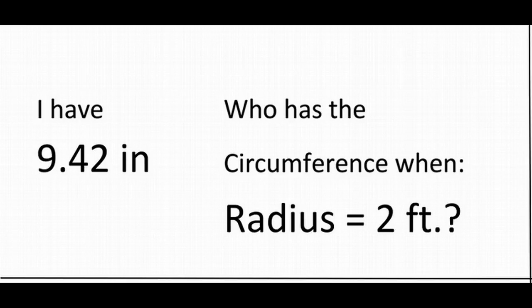The student in the room who has this card would yell out, "I have 9.42 inches, and who has the circumference when the radius equals 2 feet?" And then this activity continues on and on until all the students have read their cards. The first student who read that first clue will have the answer to the question that the last student reads.